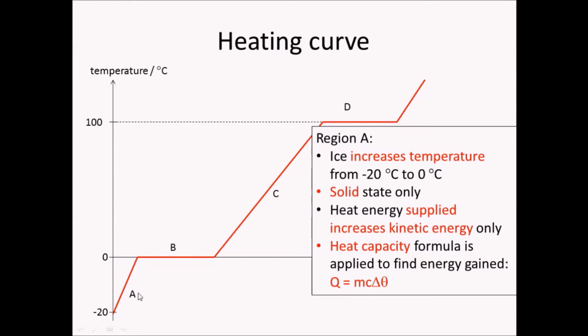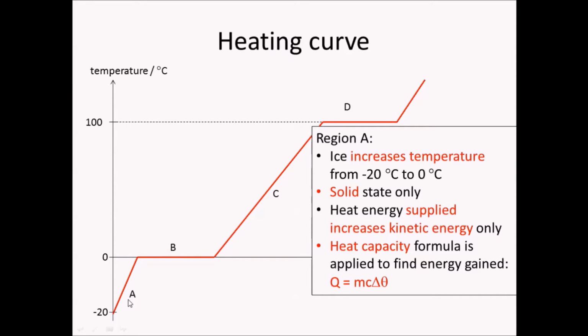I want you to pay very close attention to this part about kinetic and potential energy and heat capacity. So A is an increase in kinetic energy, and also the heat capacity formula is applied. The energy gained by the substance is mcΔθ.